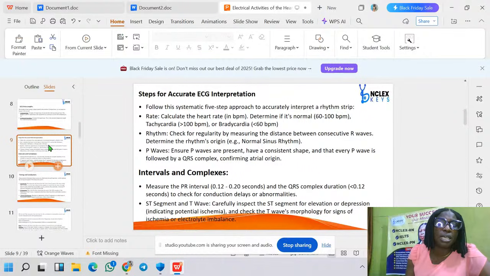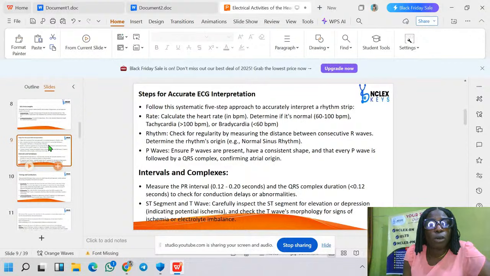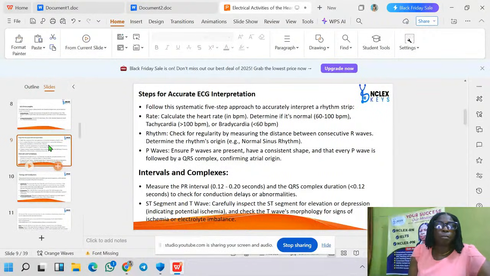I remember saying yesterday that if the PR is longer than 5 boxes, there is a problem. The patient may be tending towards heart block. Is it shorter than 3 boxes? Because it has to be 3 to 5 boxes.